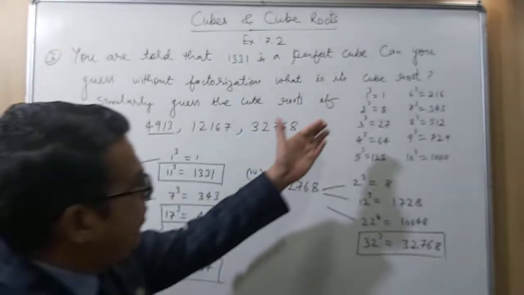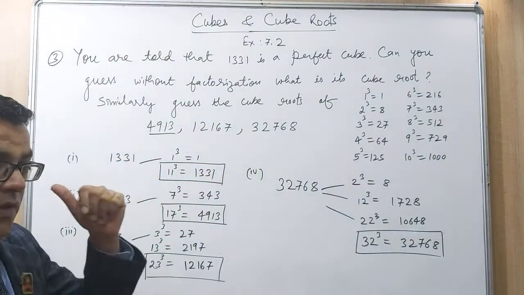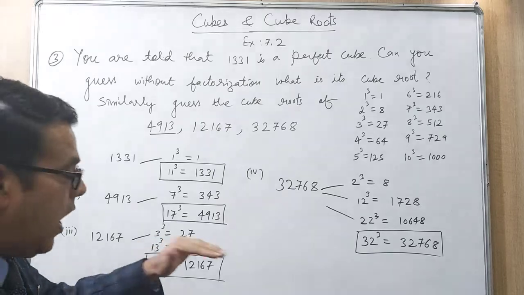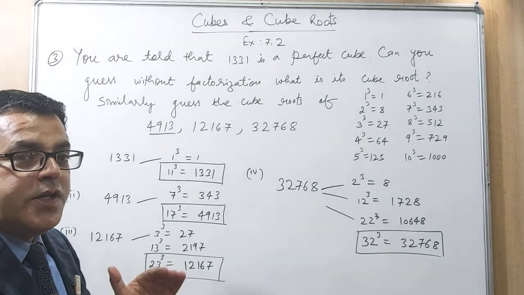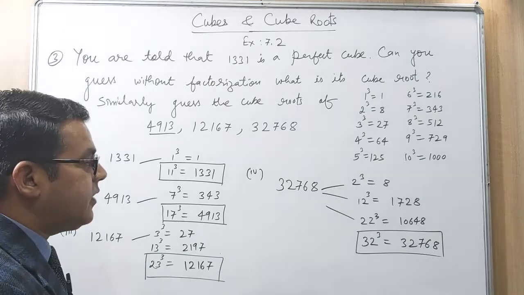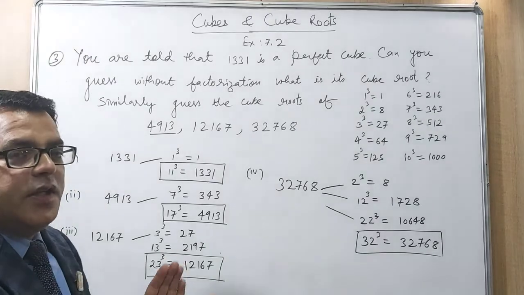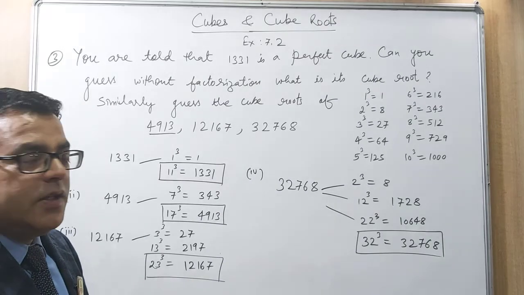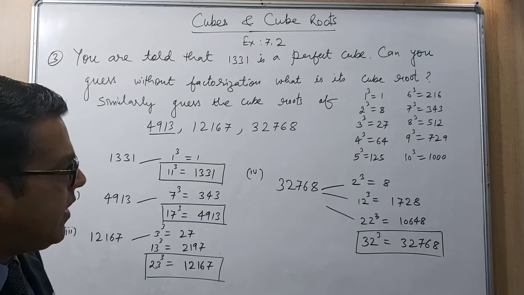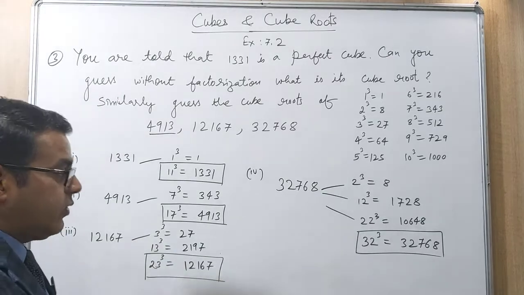By using this simple trick. This was very interesting one. Now I am going to tell you one trick. With the help of this trick, you can find cube root of any number, right? This trick is very important and very interesting also, right?